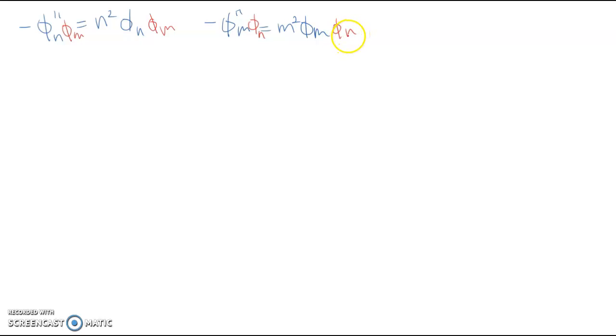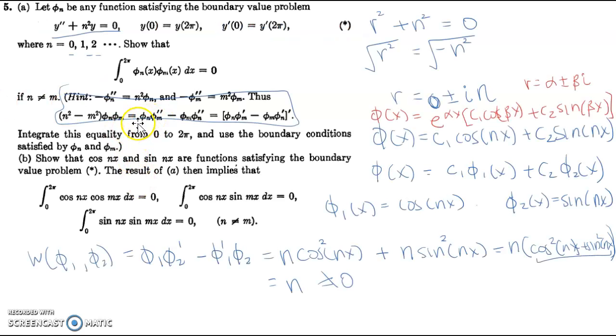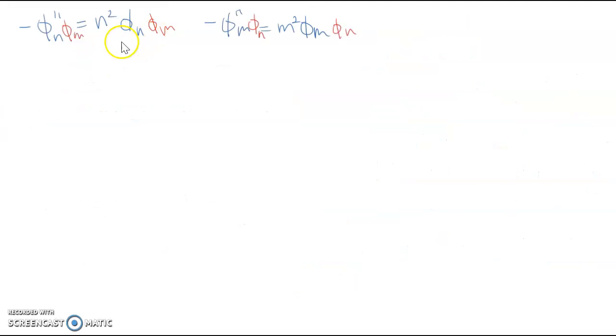All right, so from here, if I take a look at this equation, I'm looking at something like n squared minus m squared. So I'm going to subtract the second equation from the first equation.